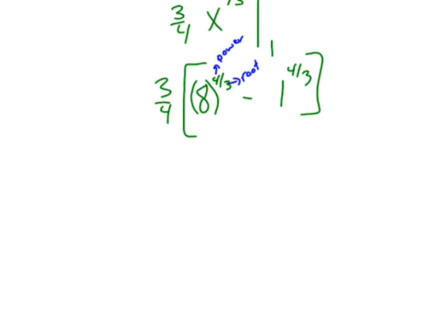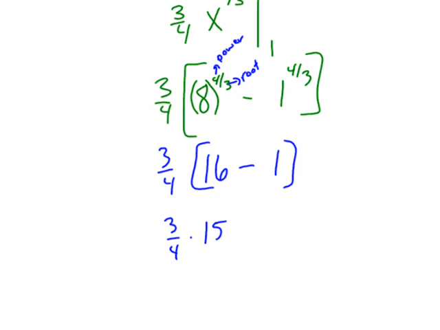Roots grow in the ground. And so I take the cube root of 8, which is 2. And then I go 2 to the 4th, which is 16. So I have 16, and 1 to any power is 1. So I have 3/4 times 15, which results in 45/4.